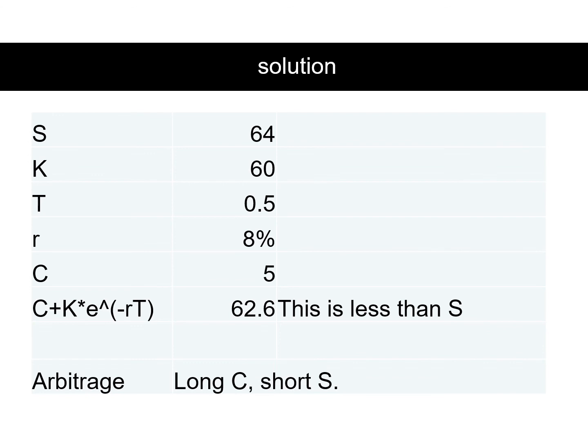It turned out to be 62.6. We know from put-call parity, it should be equal to P plus S. However, S alone is $64. So this means the call is underpriced or the stock is overpriced. So we long the call and short the stock.